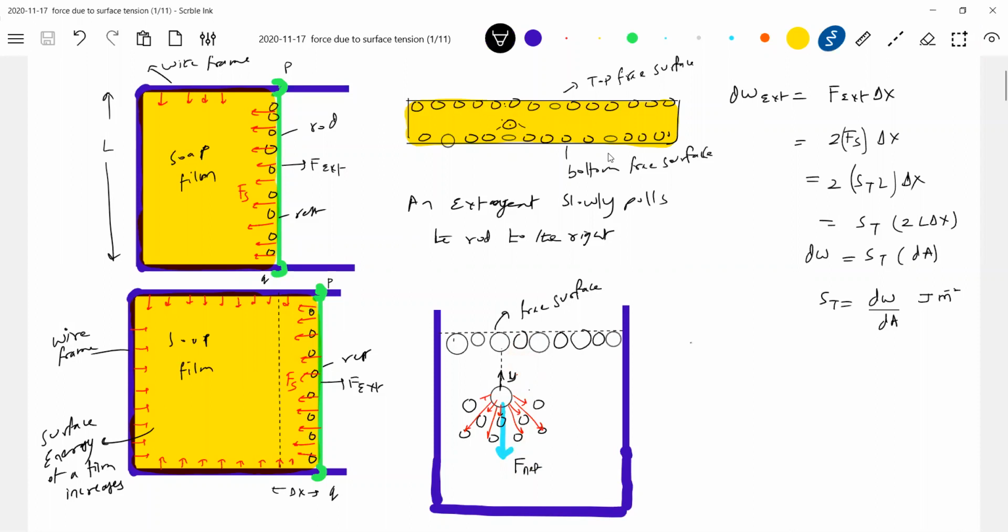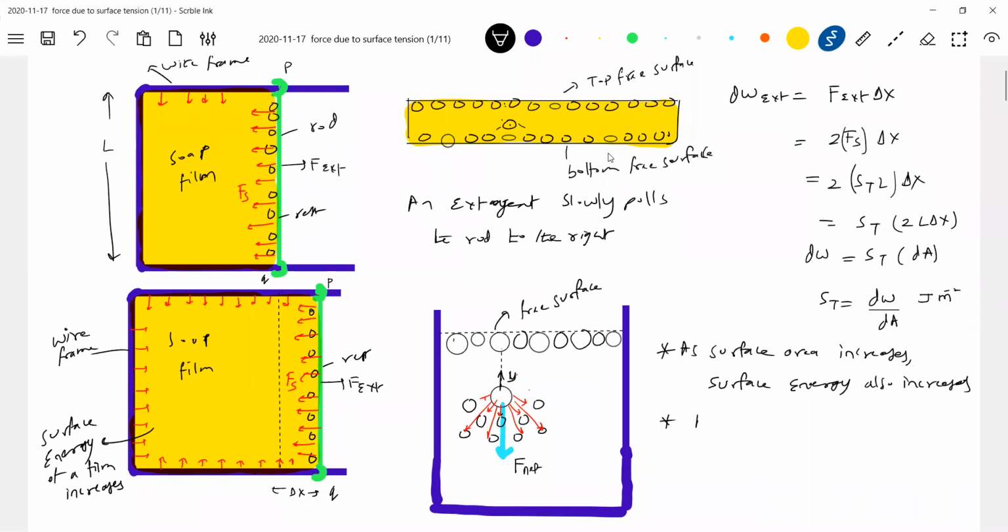As surface area increases, surface energy also increases. These are some very important points I'm summarizing.